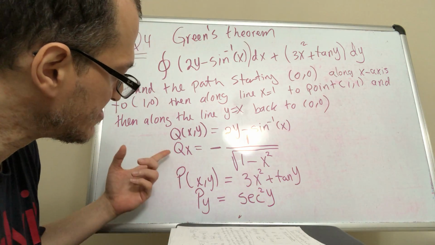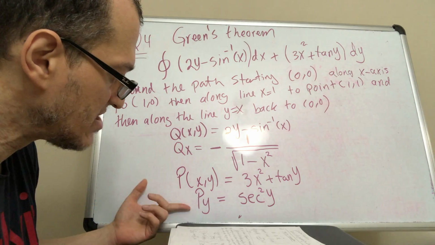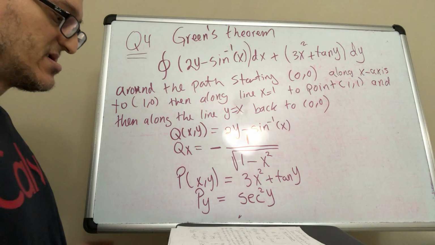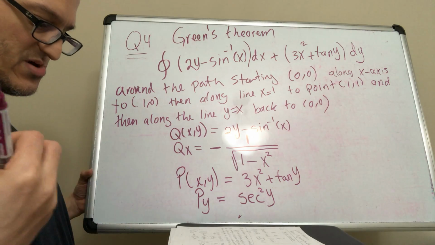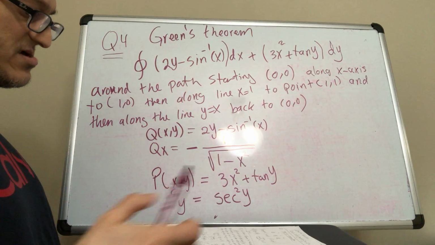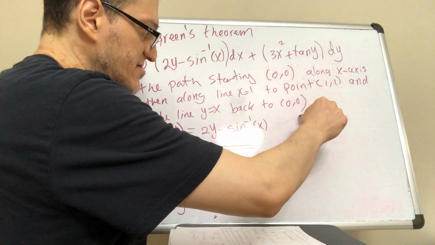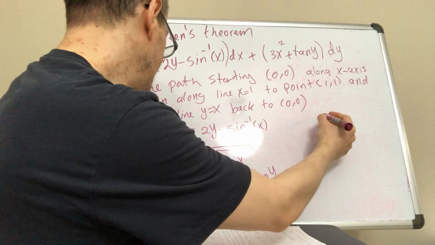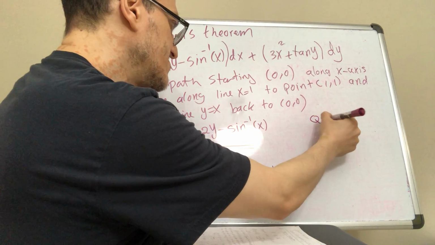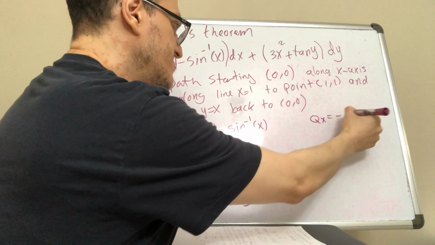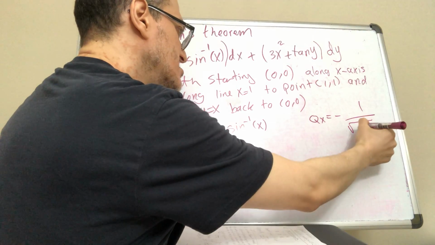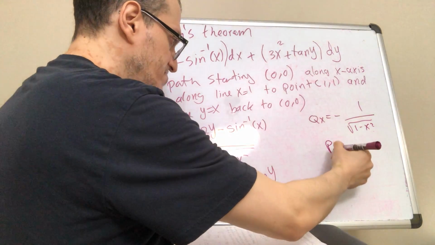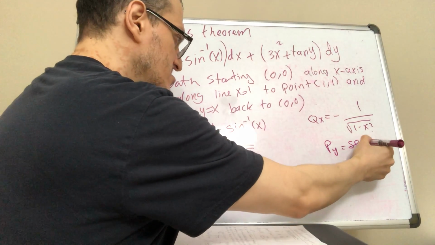So we have the derivative with respect to x and the derivative with respect to y. Now, the rule says if you want to integrate this, I'm going to write my Qx here, just trying to create some space, and my Py, secant squared.